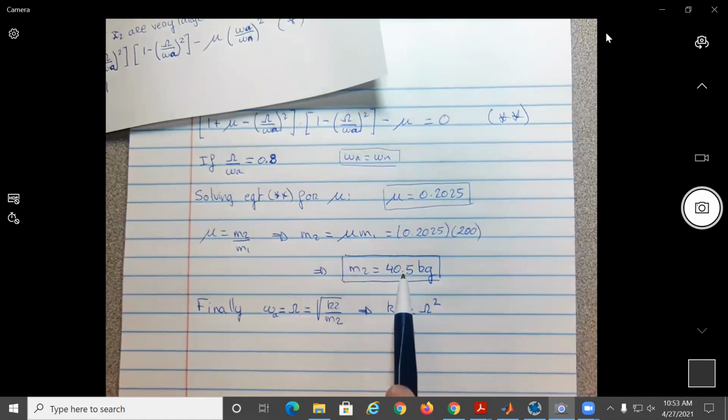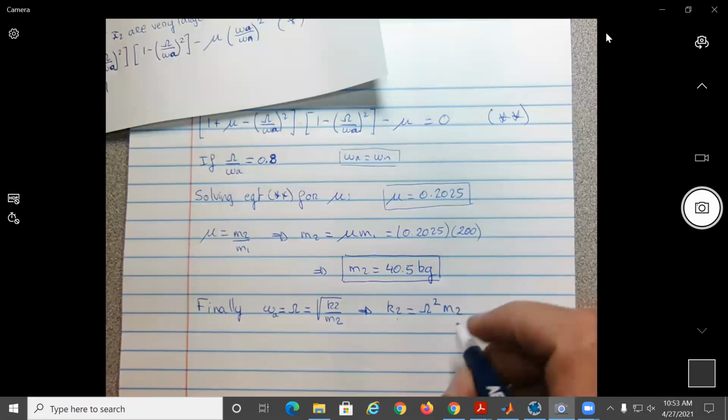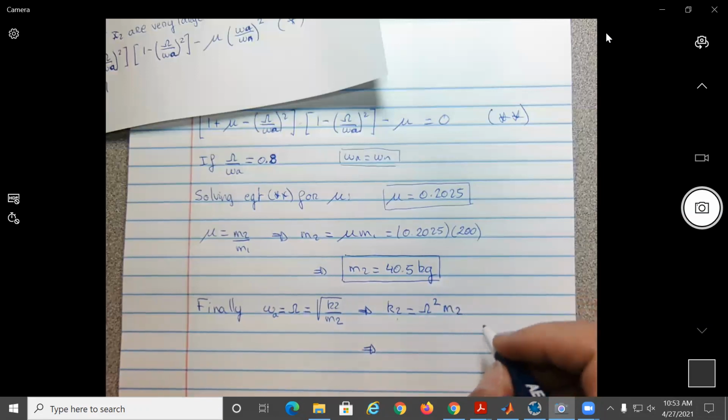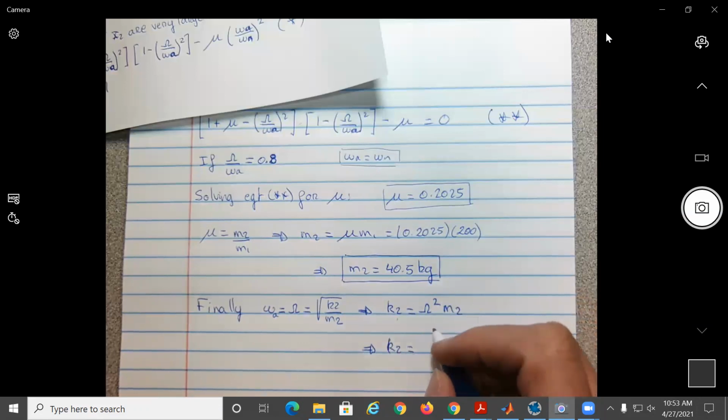For this mass, we're going to find the value of K2.